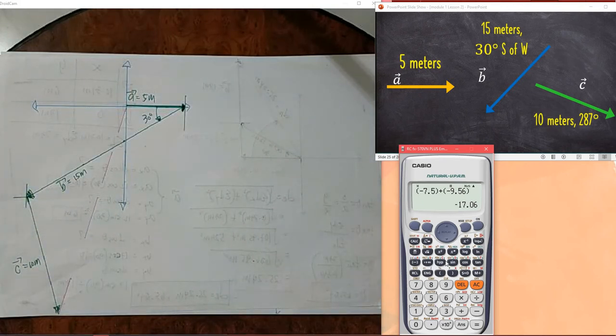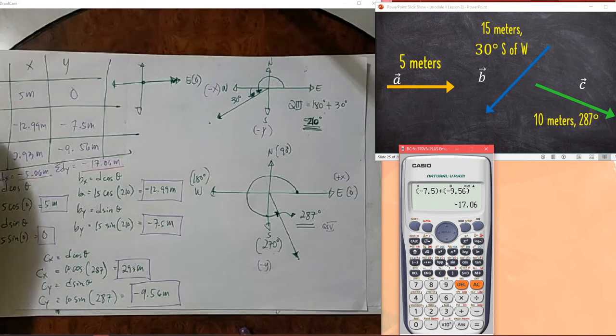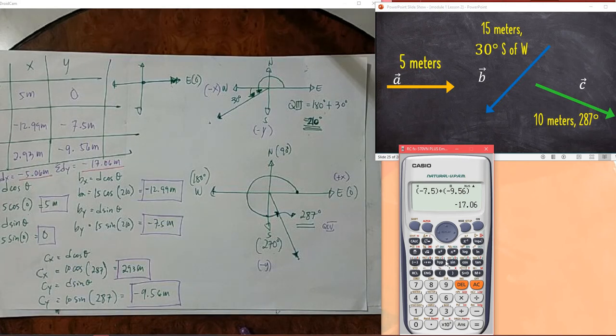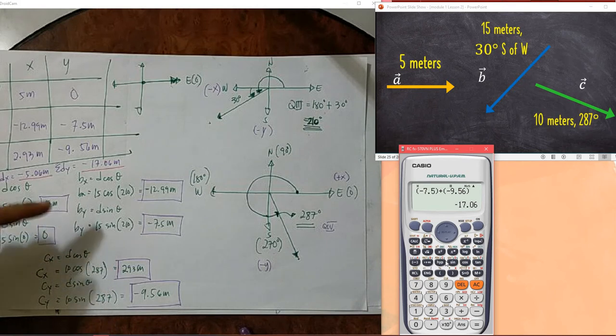Now, let us solve for our resultant vector. But by the way, let us first plot our summation of x and summation of y. Based on our calculation, our summation of x is negative. Because it is negative, it should be directed to the negative x-axis. Our y is negative also, so it should be directed south, lying on our negative y-axis.